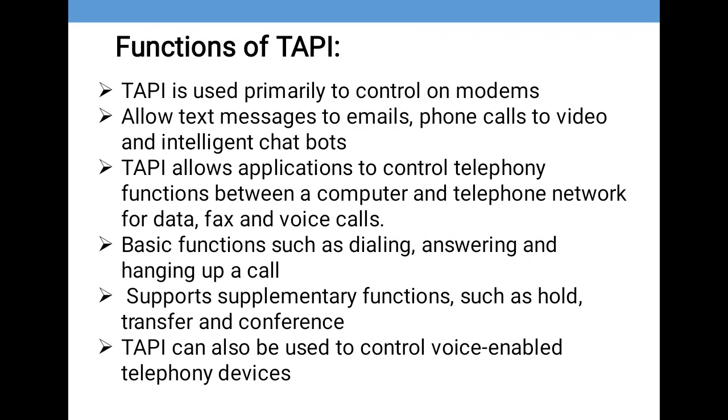The TAPI functions also provide a link between the computer and the telephone network for data, fax, and voice calls. The basic functions such as dialing, answering, and hanging up a call are supported by TAPI. It also has supplementary functions such as hold, transfer, and conference functions, and it is also used to control voice-enabled telephony devices.